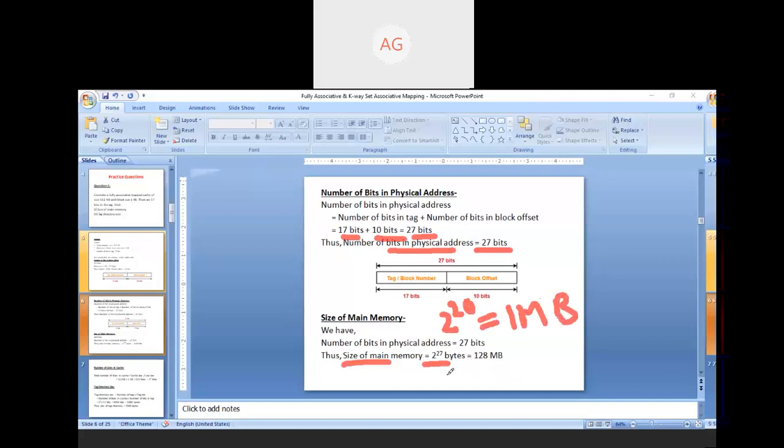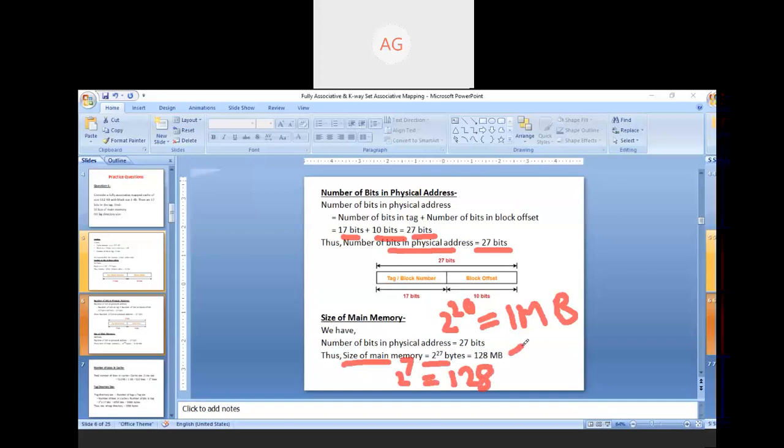So out of 2 to the power 27, 2 to the power 20 is consumed in converting it to 1 MB. So 2 to the power 7 is remaining. 2 to the power 7 is equal to 128. So the size of main memory is 128 MB.